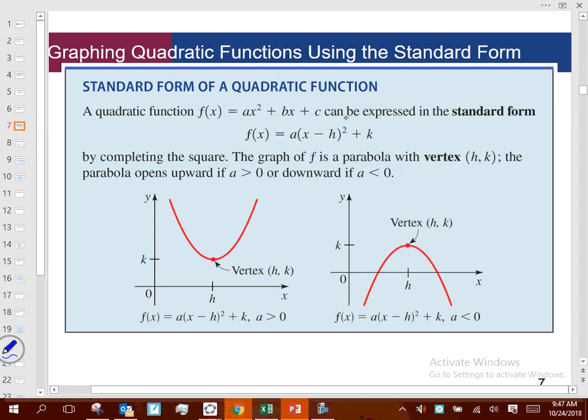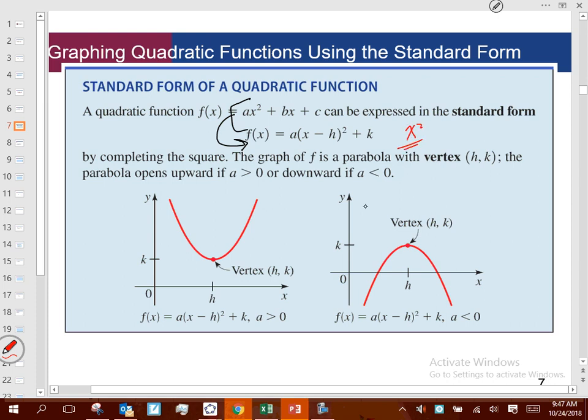But if I wanted to go from this version to that version, we have to complete the square. And that's what you see there. It says that completing the square is how we do that switch of versions. But when we're in that bottom version, it should tell you what the vertex is. Think about this: the parent function here is x², right?